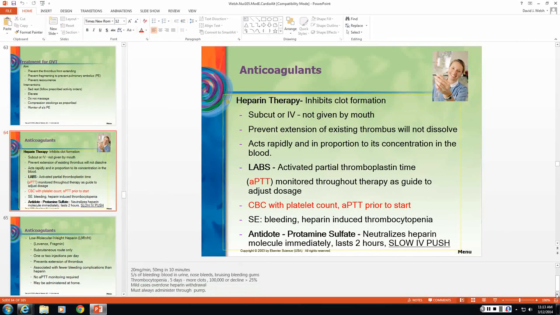Now, some signs and symptoms that you're going to look for with heparin therapy are bleeding, blood in the urine, nosebleeds, bruising, bleeding gums. For thrombocytopenia, basically for the first 5 days, you're going to look for more clots.